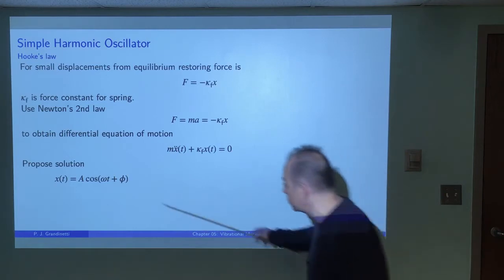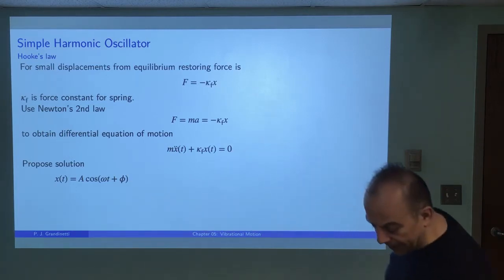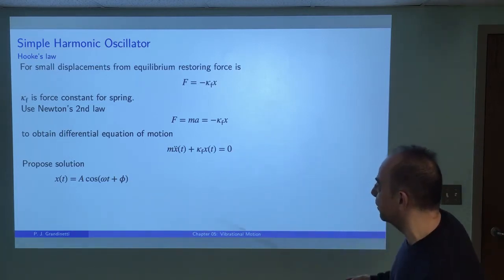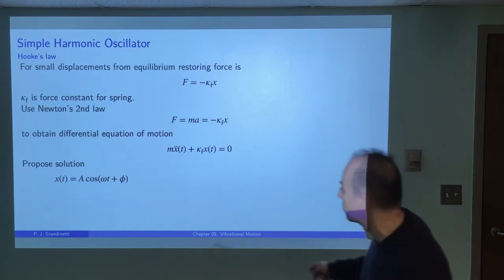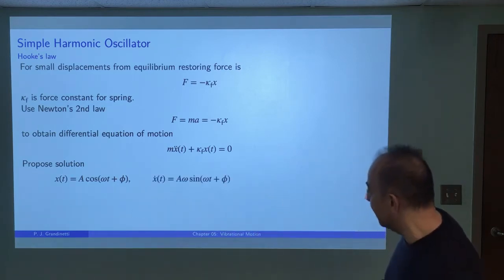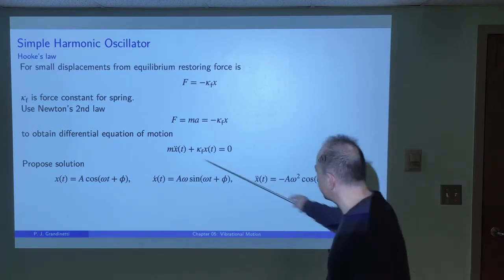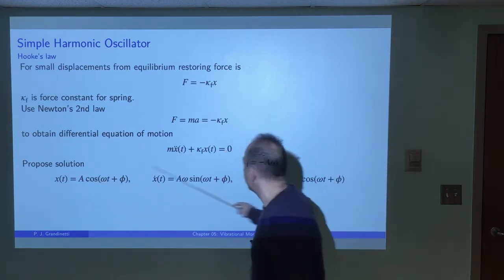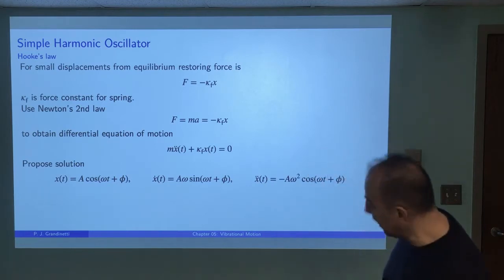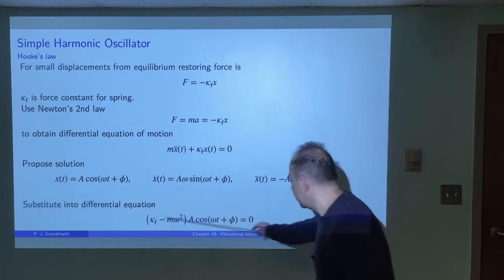So we're going to take a solution. We already have a good insight that it's going to be oscillatory, so we'll just propose a solution like this, and then we'll take its first derivative and its second derivative. We'll substitute the second derivative and the function into the equation, and we will get this result here.